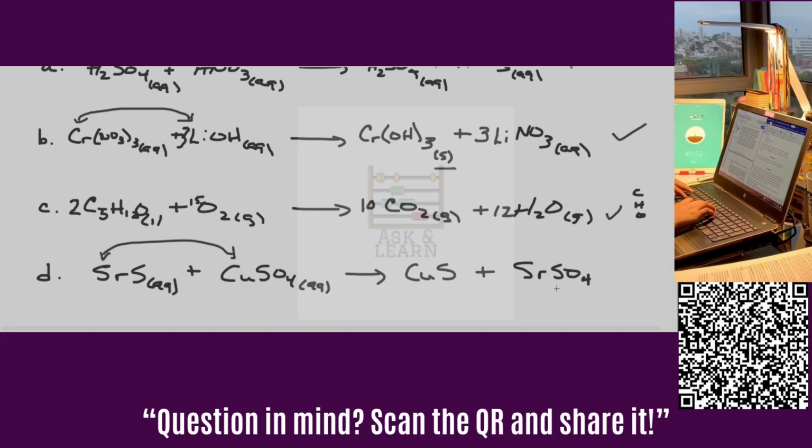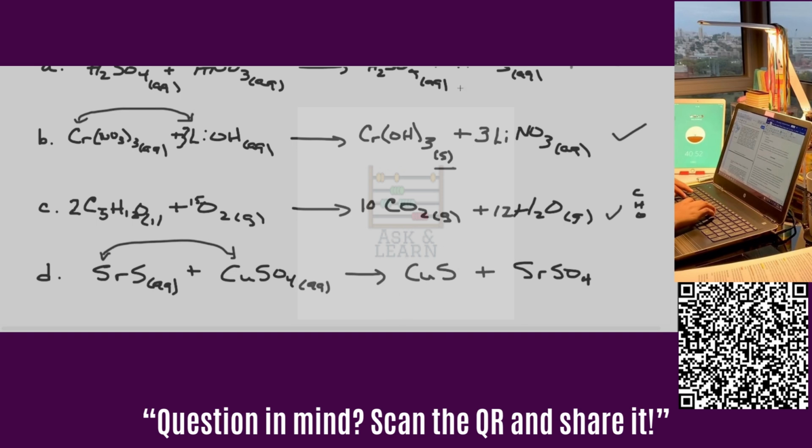Now, I didn't need to change any of the subscripts. Copper is +2 charge, sulfide is -2, so I just need 1 of each. Strontium's +2, sulfate's -2, just needed 1 of each. And this is also balanced. The same number of elements are found on both sides. But let's take a look at the rules.